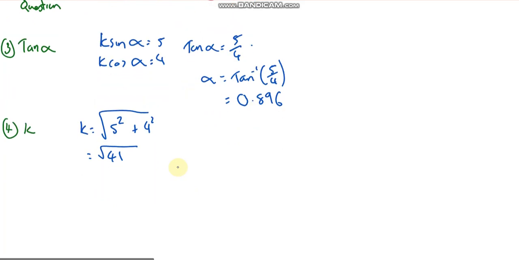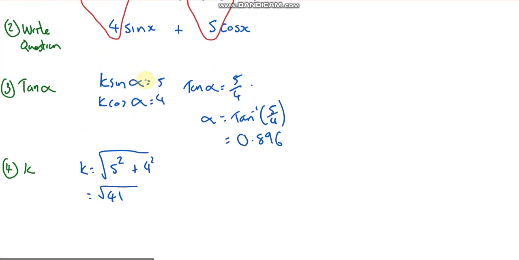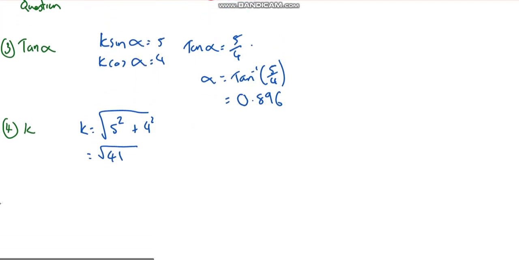So we're nearly there, absolutely nearly there. And then I'm almost ready to write my wave function. So what I want to do now is just quickly check to see my alpha sign. Okay, so I'll just do my CAST diagram. So in this one, sine is positive, cos is positive, and tan is positive.